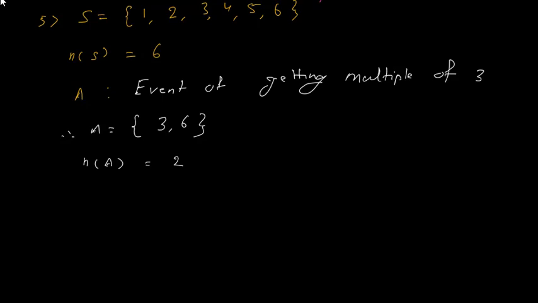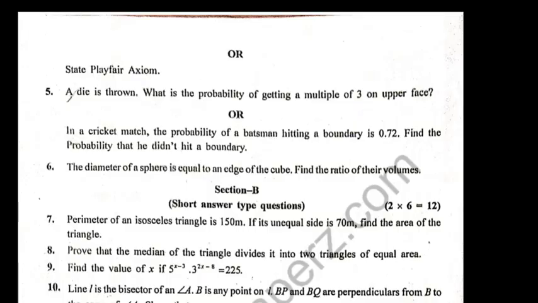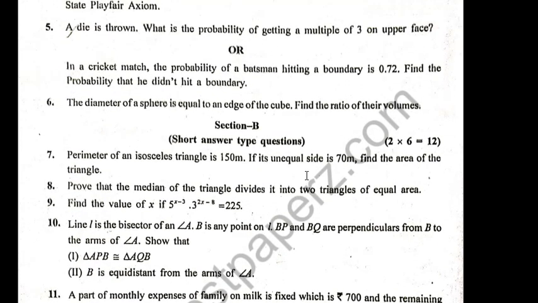Therefore, probability of A is n of A divided by n of S. Now n of A is 2, n of S is 6, so this is 1 upon 3. So the probability of getting a multiple of 3 on the upper face is 1 upon 3.